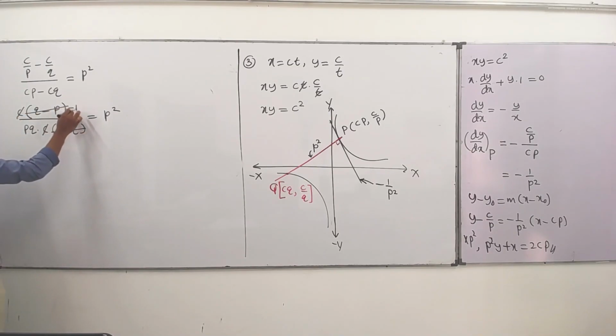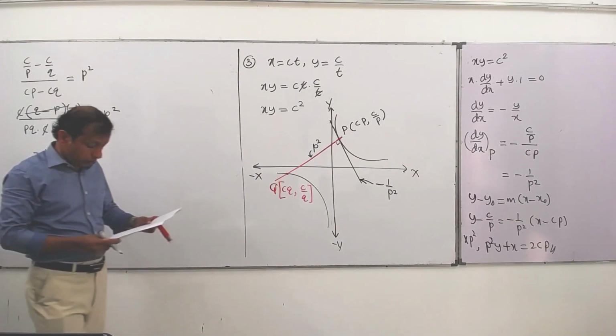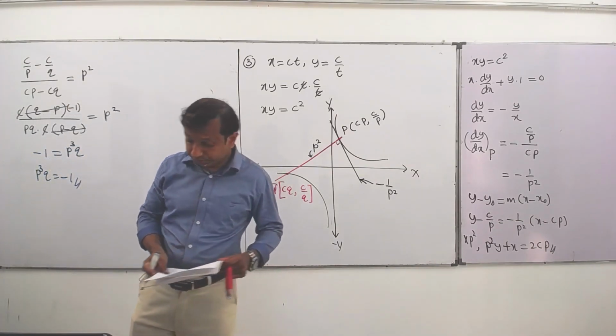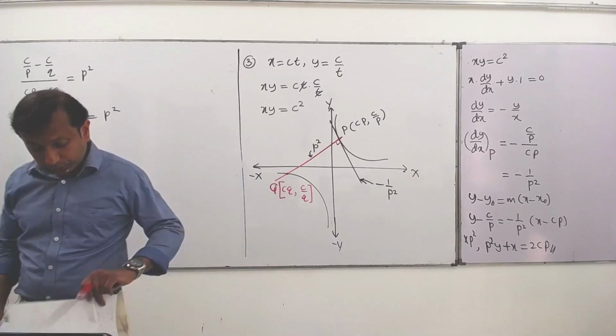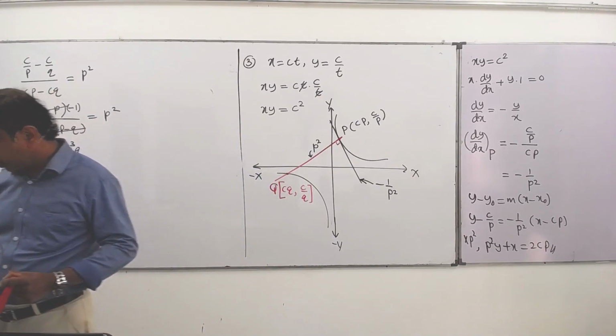We get minus 1 here. Now use cross multiplication. We get what? p into p squared is p cubed. p cubed into q equals minus 1. So this is the answer. p cubed q equals minus 1. That is over.